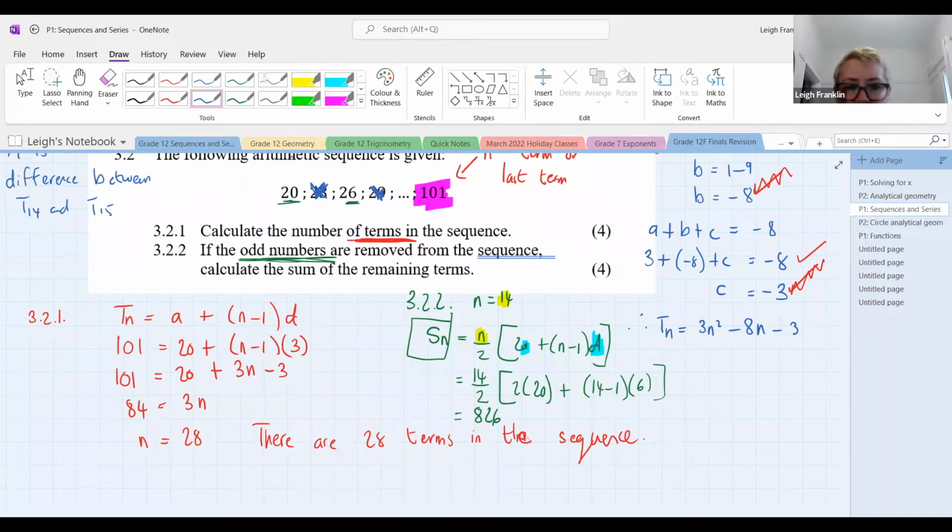So our new pattern starts at 20, and then the next number is going to be 26. After that it would be 32, all the way to the last term in the pattern, which would be 98. So between even numbers, there is now a difference of 6. Does that make sense, Bonolo? Yes, ma'am. Thank you, ma'am.